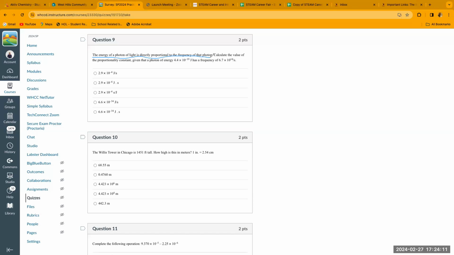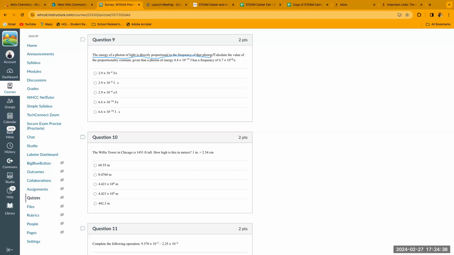So that would be an example of being directly proportional. The amount of food you eat and you getting bigger are directly proportional to each other. The more food you eat, the bigger you're going to get, right? Inversely proportional would be the more food you eat, the smaller you get, which doesn't happen to us, right?